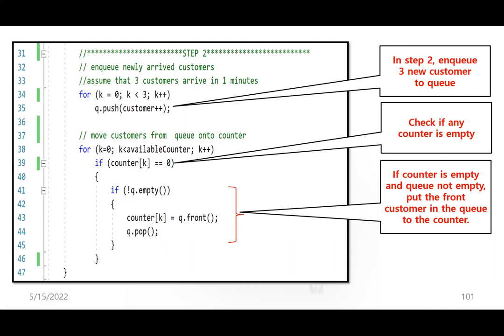There's no customer for you to put to the counter, right? So that's why we check whether the queue is empty or not. If it's not empty, meaning there is still some customer waiting in the queue, I will put the front customer of the queue in counter K, because counter K is 0. And then pop means remove this customer from the queue. So this is how we move the customer to the counter, right?